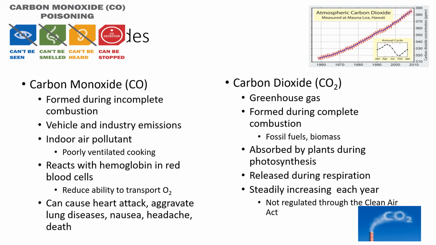Let's see. Oh, carbon dioxide, of course, is a greenhouse gas, which we'll talk about, well, actually, we're not going to talk at length in this particular unit, because carbon dioxide is not considered a criteria air pollutant according to the Clean Air Act, which we'll talk about in just a moment. But carbon dioxide is also formed in combustion of fossil fuels and biomass.